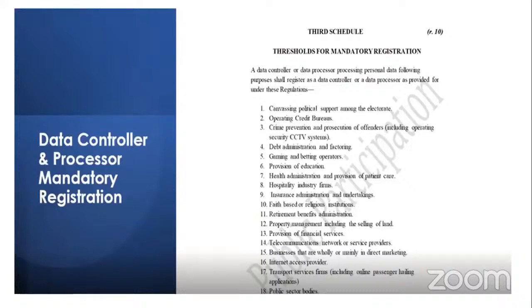Also, gaming and betting operators should be registered as well. If you're dealing with health administration and patient care, the hospitals, they also need to be registered. And also faith-based or religious institutions, because they collect data.